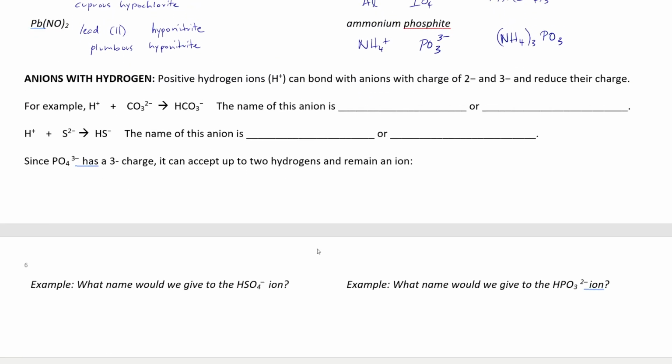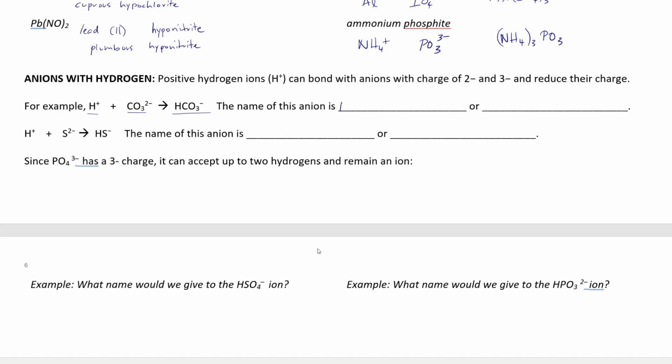Finally, anions with hydrogen. Positive hydrogen ions can bond with anions with a charge of 2 negative and 3 negative and reduce their charge. So for example, carbonate right here can bond with a hydrogen ion, and we get HCO3 negative, and as you can see, the charge goes down, or rather goes up, because we have a 2 negative and a positive, so that just makes negative.